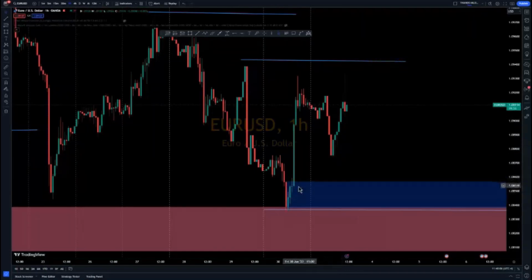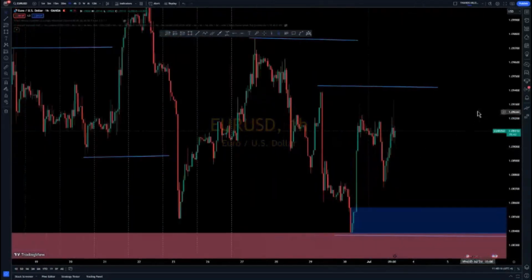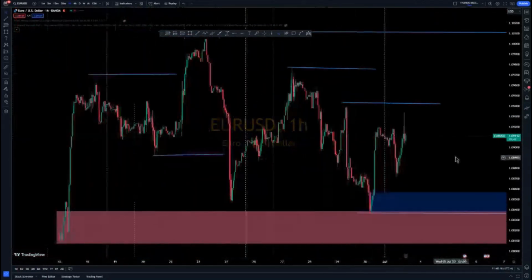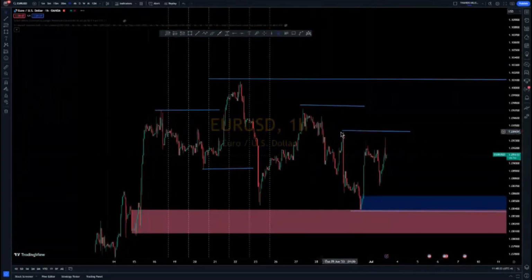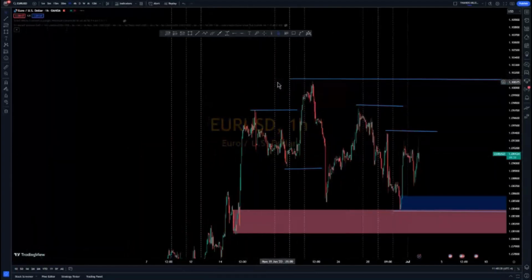It's going to come back later and hit these areas, maybe tomorrow or during the night, I'm not really sure, and then go all the way up to take out these highs and the high of the previous week or the previous month. That is what I personally think.